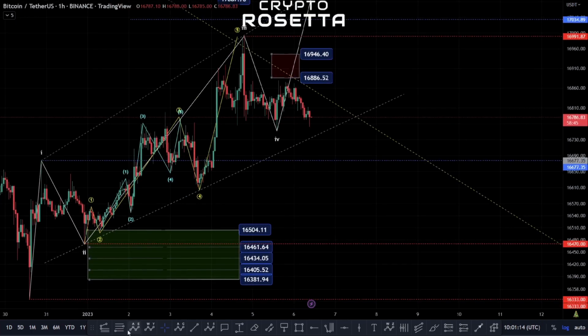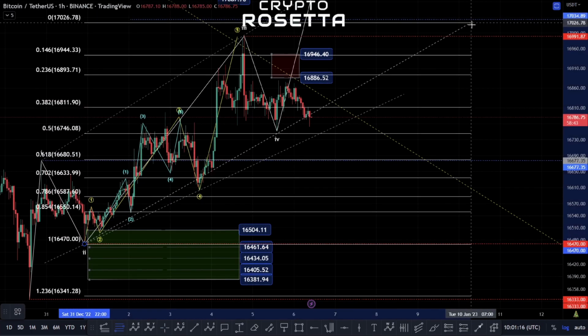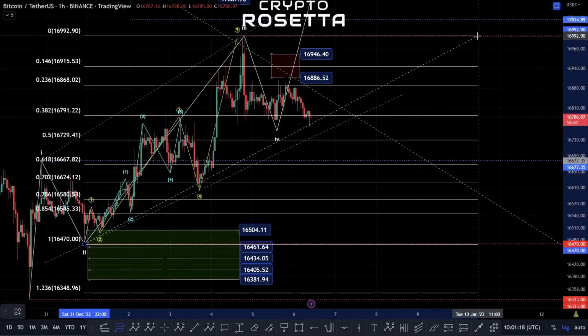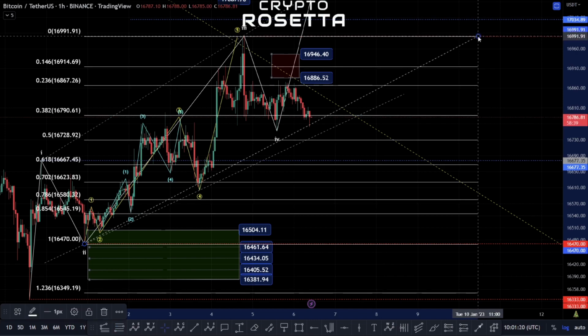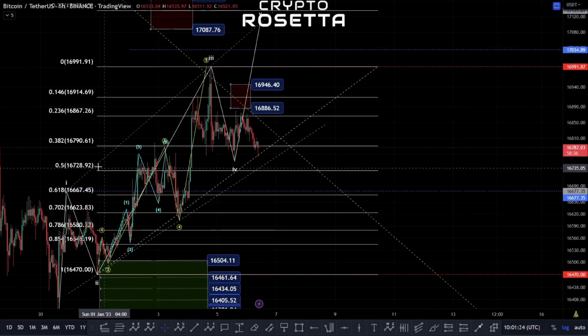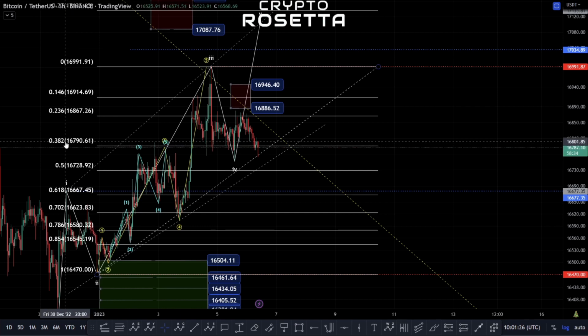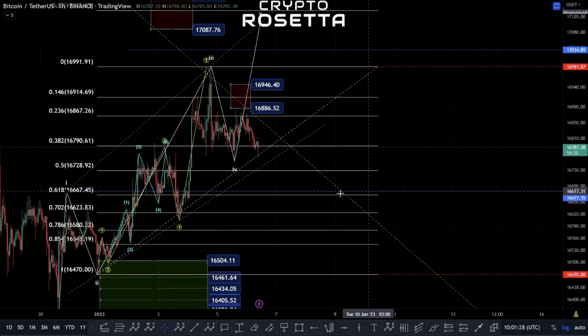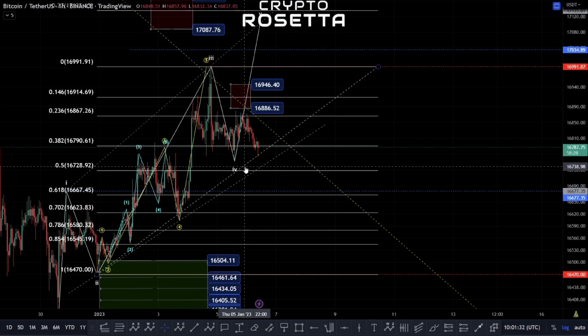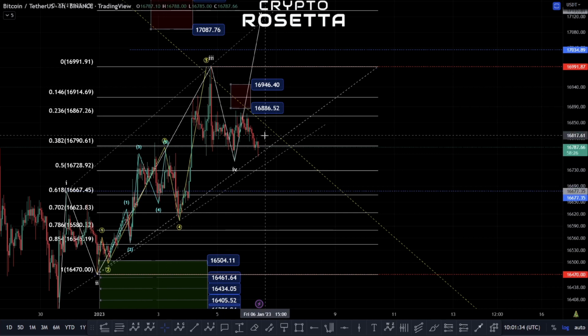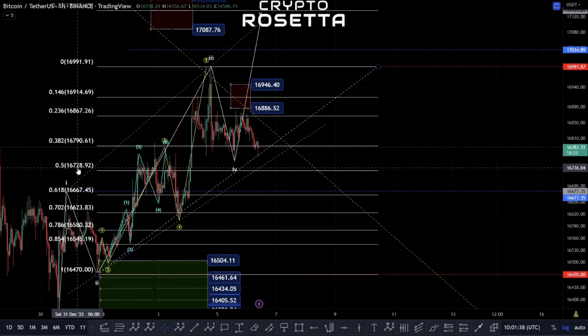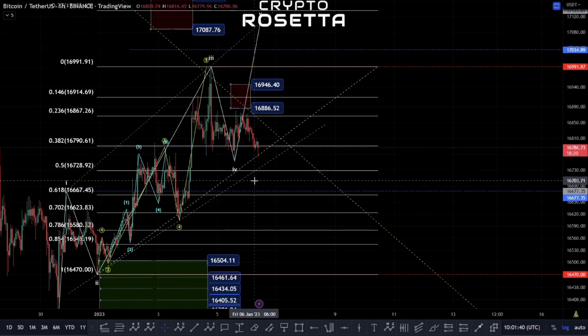If I throw this fib on from this zone here, and go up into this high point, basically we've come down to this 0.382 already, and it's possible that we could look to move away from this point. The maximum we'd really want to come down would be this 16,728.